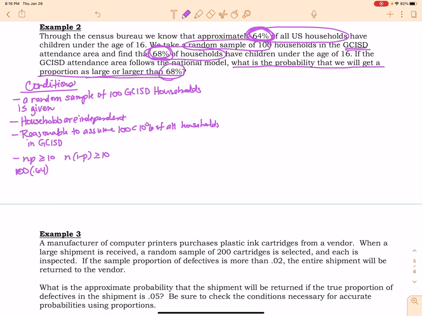So we want to know what the probability is that we'll get 68 if in fact 0.64 is actually the true proportion. So that is what we're going to use for p. And both of these values are bigger than 10, so my sample is in fact large enough to approximate normal.